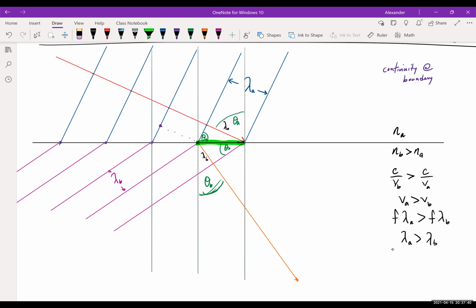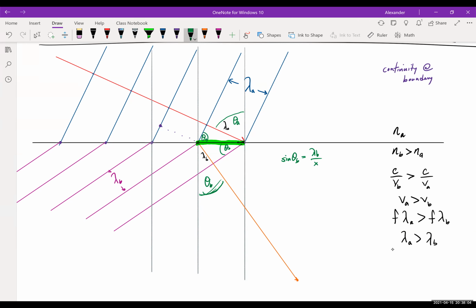So what do we know? We know that the sine of theta B is the opposite side, lambda B, over the hypotenuse. I'm just going to call it x for now.